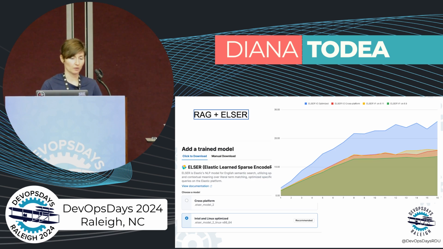Our use case here with RAG and ELSER: once you start using RAG with proprietary models such as ELSER, you'll be seeing a boost in performance. ELSER is Elastic's natural language processing model for English semantic search, and this will make the RAG mechanism improve its performance.